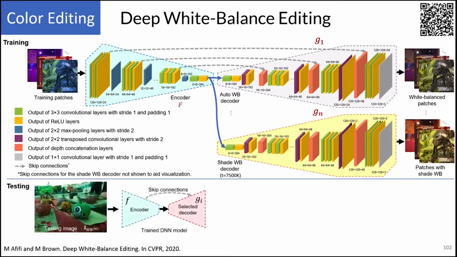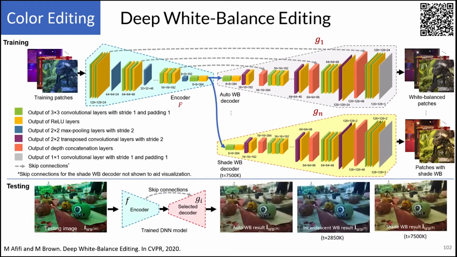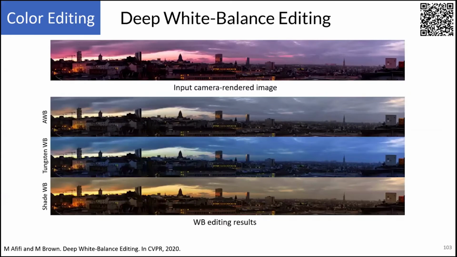So in testing, the user can select any one of the decoders and produce different results. Here I'm showing an example of an input image and the auto-white balance image generated using our method, and the other two white balance options, which are shade and tungsten.